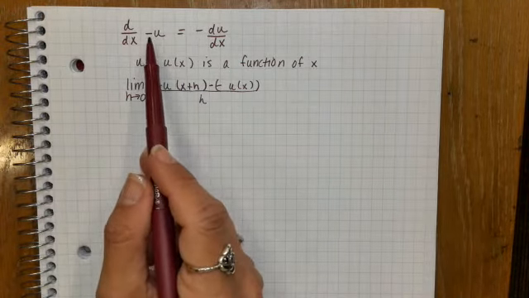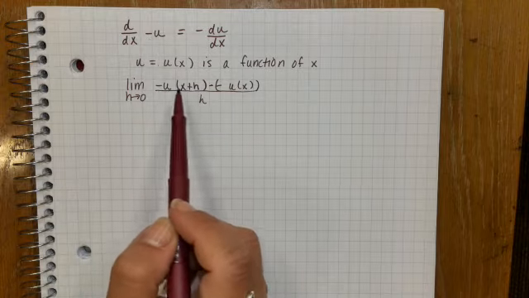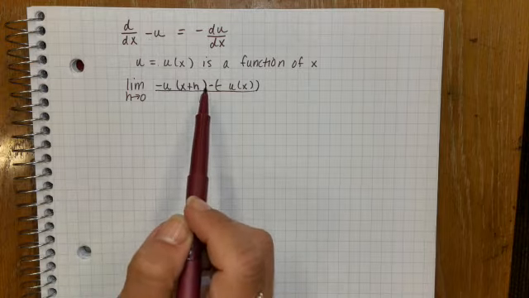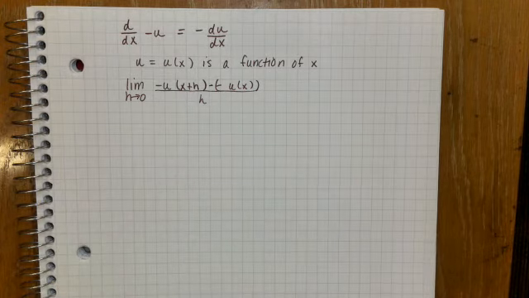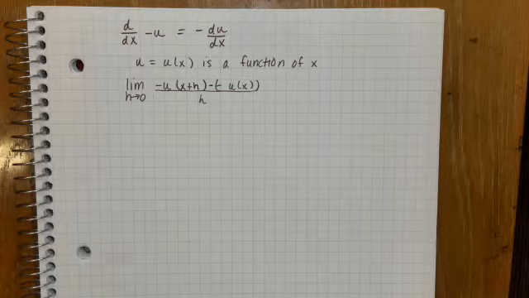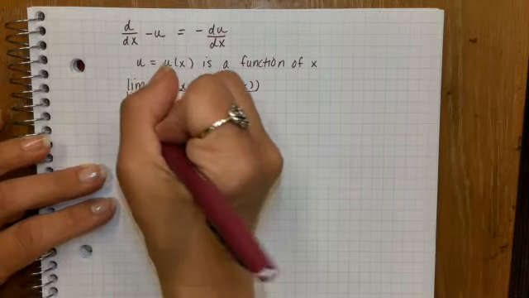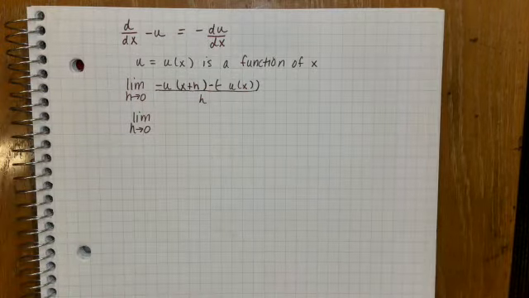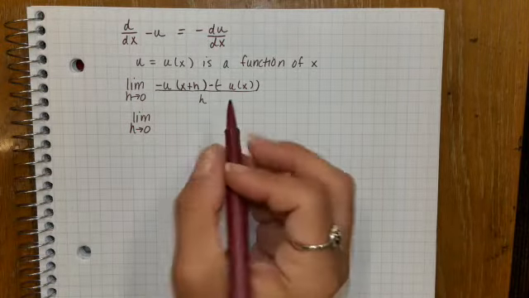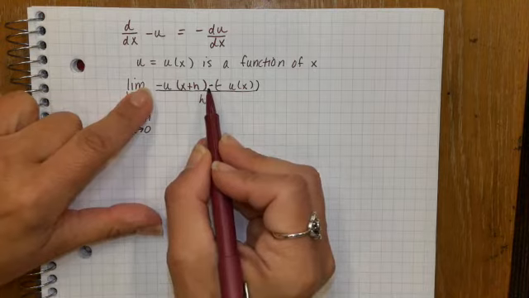The negative u. So the f of that is negative u of the x plus h minus the f of x, which is the negative u of x all over h. That is a lot of x's and a lot of negatives, etc. So this is the limit as h approaches 0. These are both subtraction, wouldn't you agree?